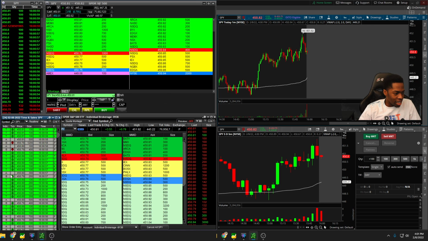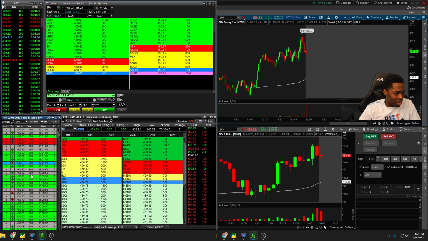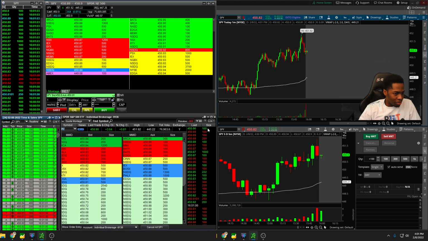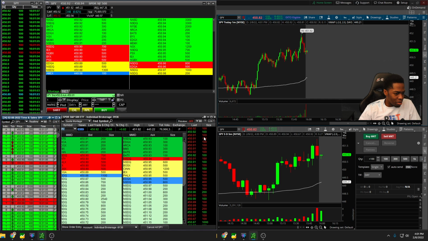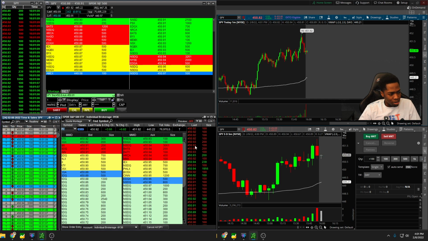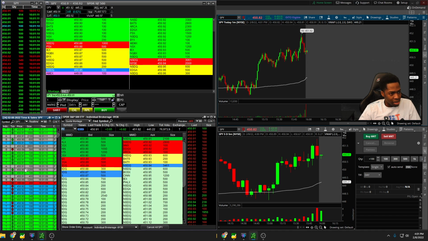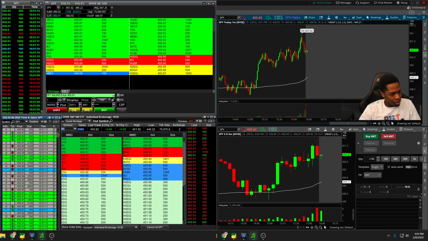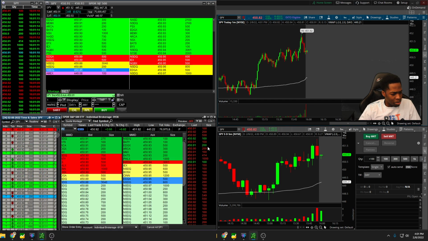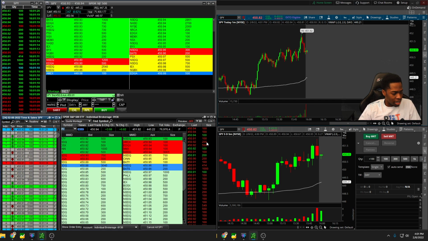Now the time and sales on the left hand side will still do its thing. There's a bit of a tape over here I don't really pay attention to when I'm trading, but I have it up there just because it doesn't show as much data as the one on the left hand side. Can I do without this? I think I could. I can remove it.